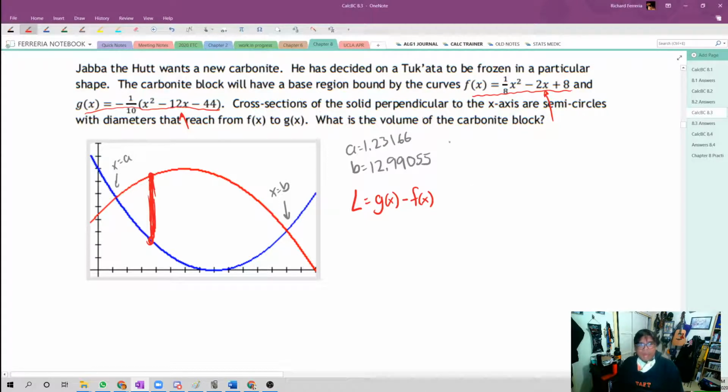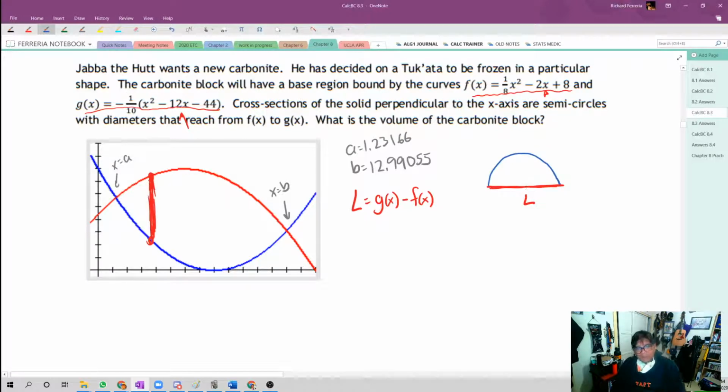Now, next we have cross-sections are semicircles. So let's draw a semicircle. First of all, this is L right here, and we're going to draw a semicircle on top of L. Here's a semicircle.